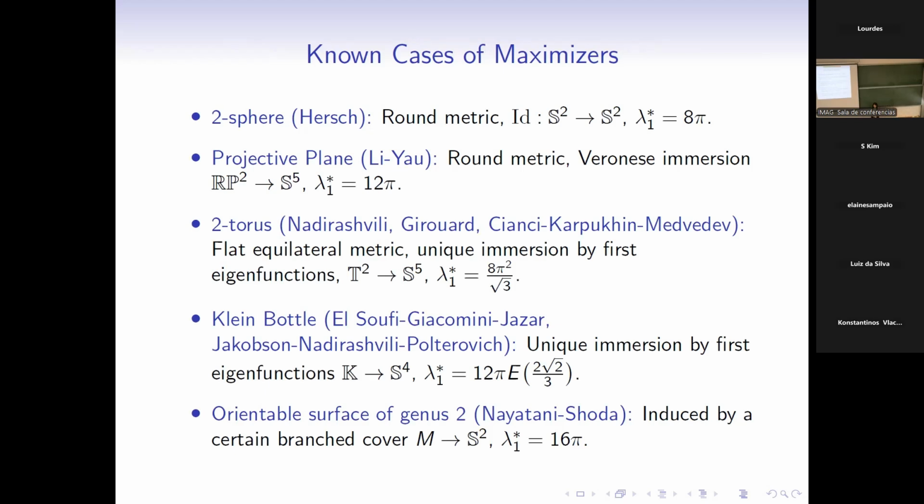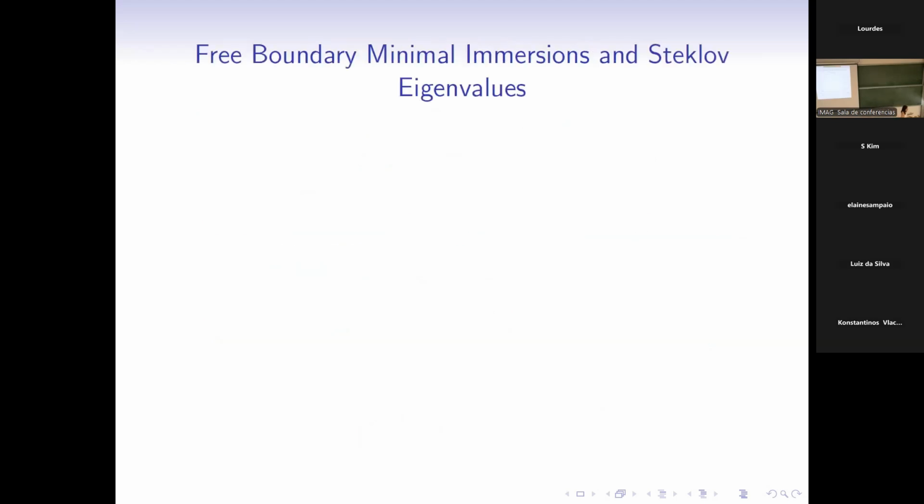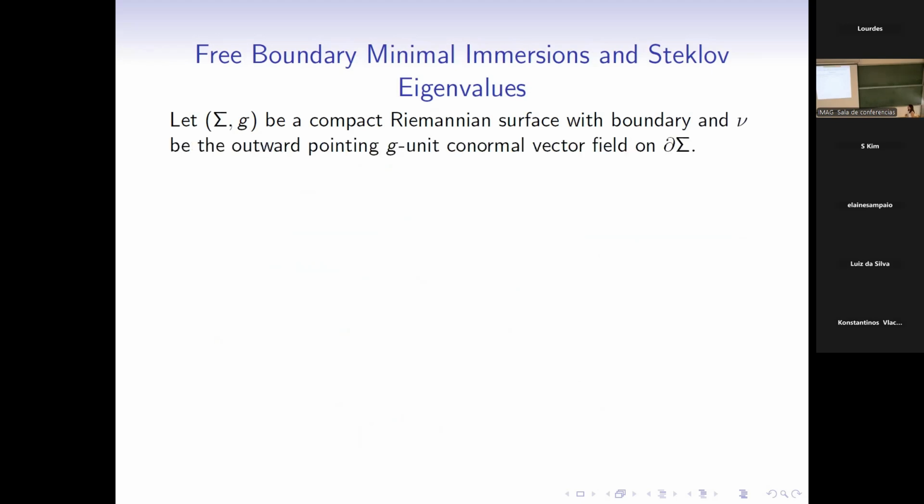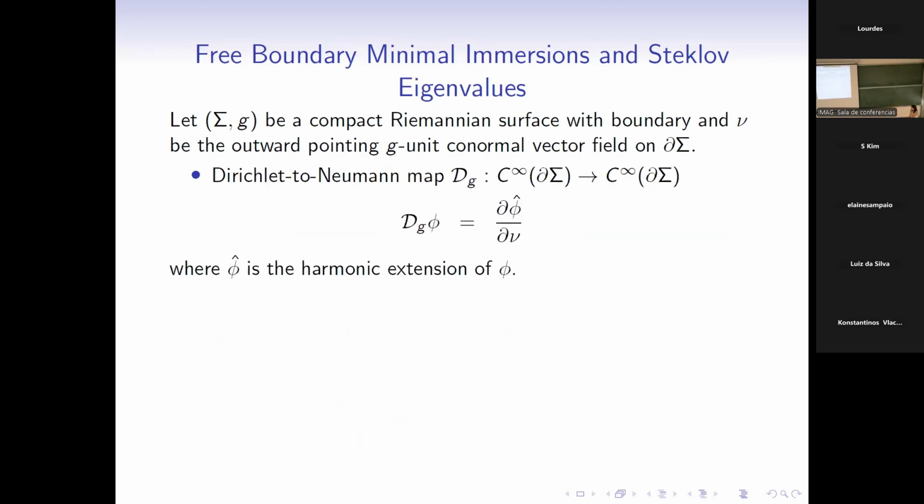Good. We also have another example of a connection between eigenvalue problems and minimal surfaces, and this one is the connection between free boundary minimal surfaces in Euclidean balls and Steklov eigenvalue problems. So here in this context, your surface is a compact Riemannian surface with boundary. We are going to denote by nu the outward conormal to the boundary.